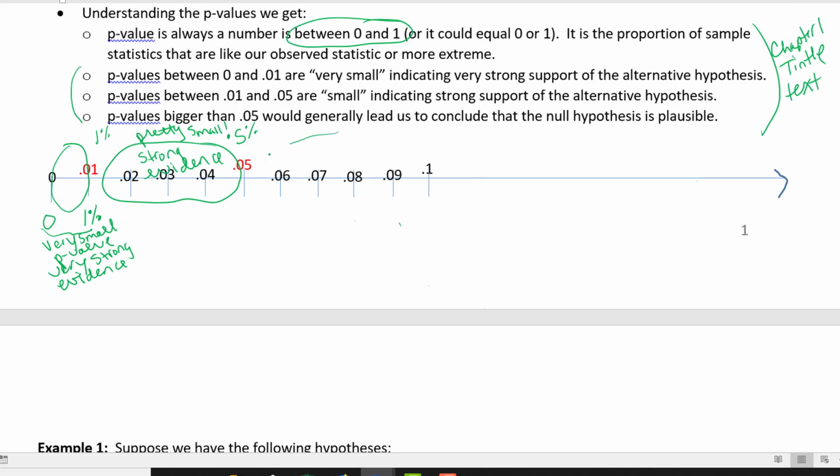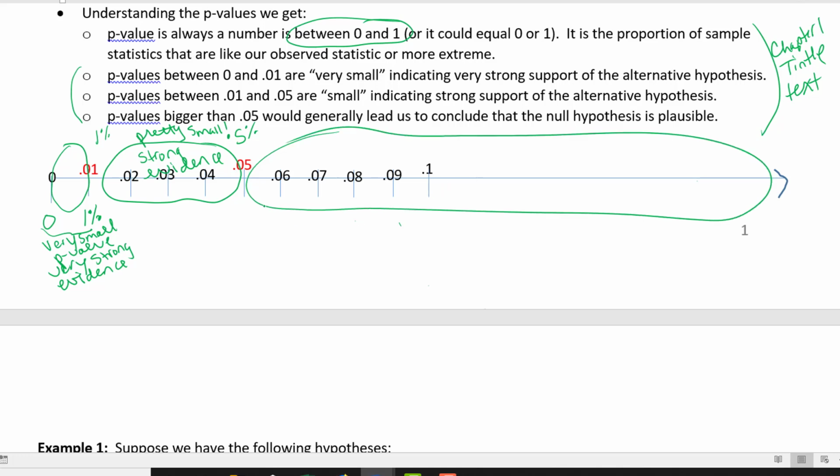P-values bigger than 0.05. Your book actually has another range where they talk about p-values between 0.05 and 0.1 and call that moderate evidence. I actually prefer to just say if it's bigger than 0.05, we're going to go ahead and usually say the null hypothesis is plausible. It's not statistically significant evidence against the null if it's a p-value more than 0.05.